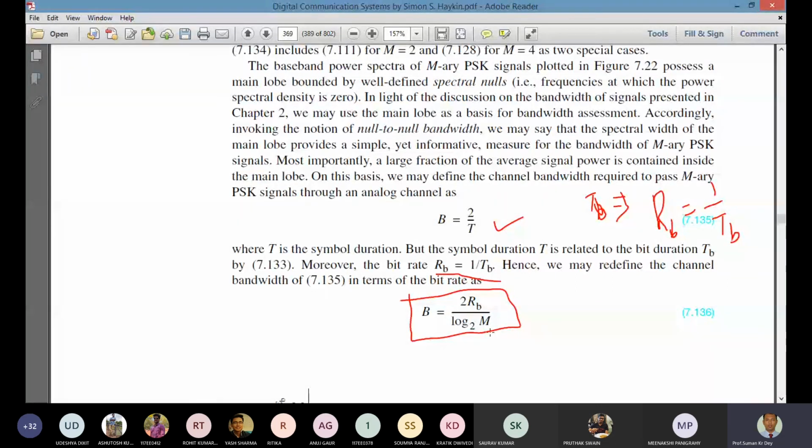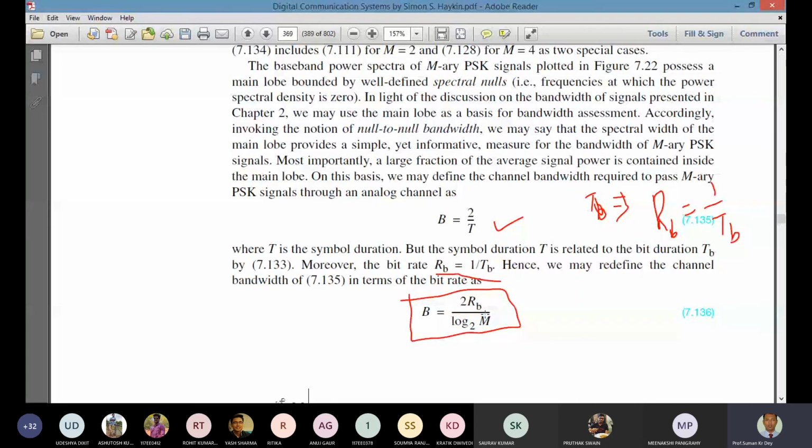If we put the value 2 over there for binary BPSK, bandwidth equals 2 times the bit rate. Okay. So for QPSK, what should that value be? B equal to RB. Whatever the bit rate is, the same amount of bandwidth is required for QPSK.